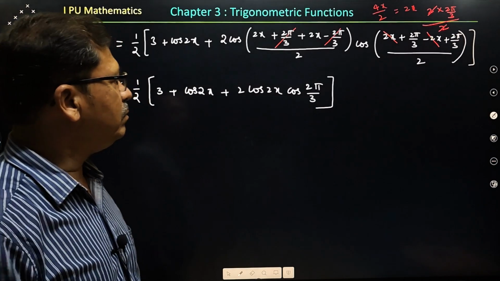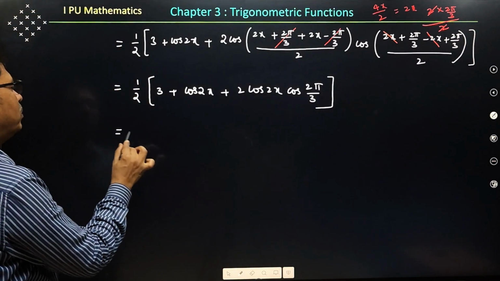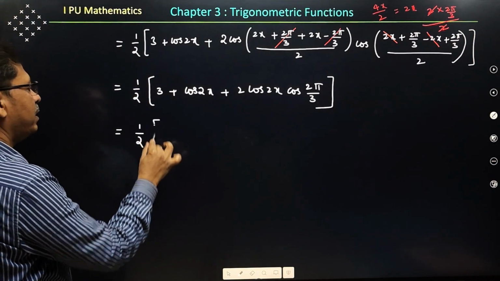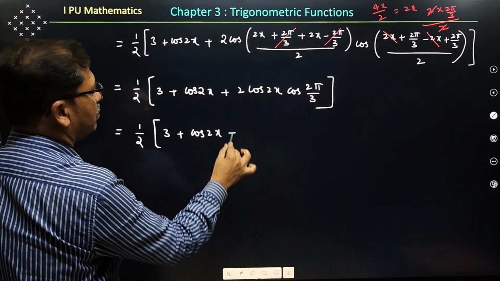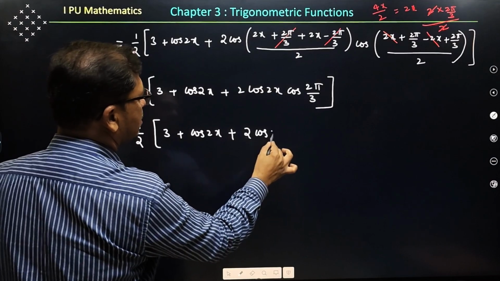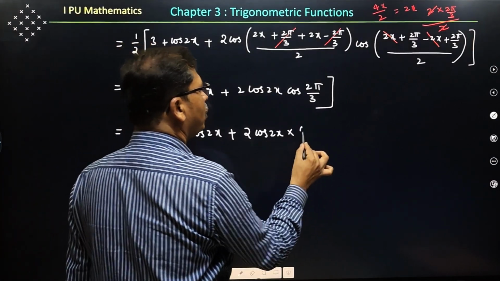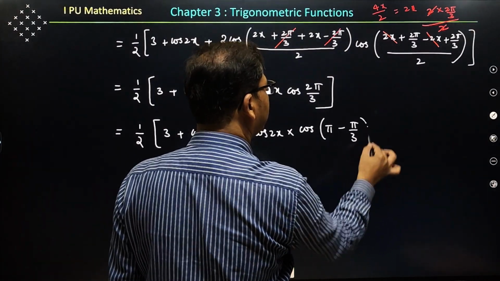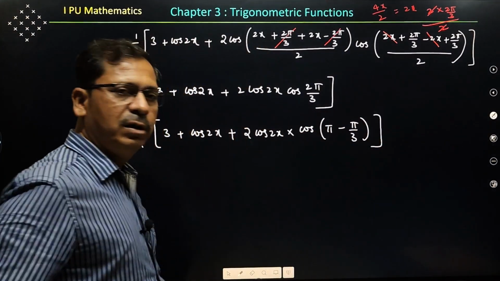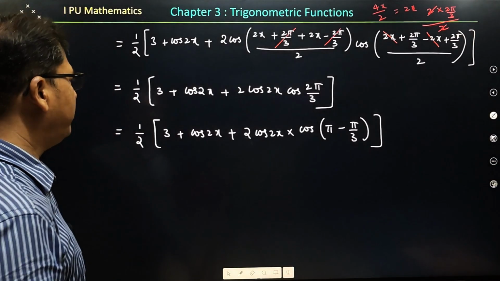This is equal to 1 by 2 into bracket 3 plus cos 2x plus 2 into cos 2x into cos of pi minus pi by 3. This is leading to 2 pi by 3. Apply the allied angle property and simplify.